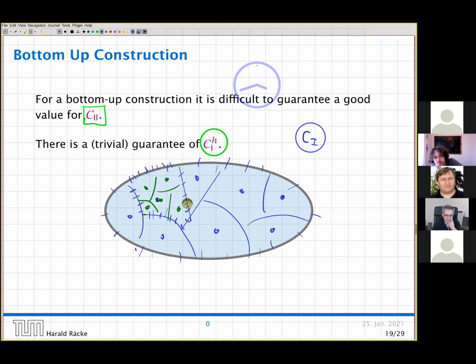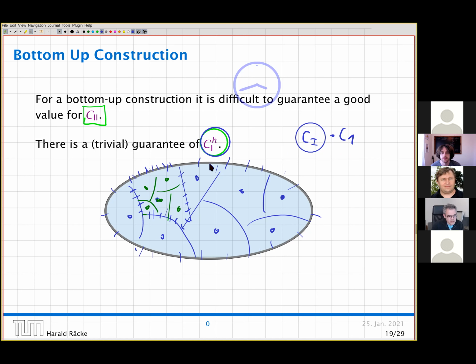And then I can route this on this contracted graph with congestion of C1. If I would only inject one unit of flow, therefore I get a congestion of C1 times C1 on this graph. So with every undoing of a contraction, I'm paying a factor of C1. So the congestion that I will get in the end is C1 to the H. That's unfortunately very, very bad.